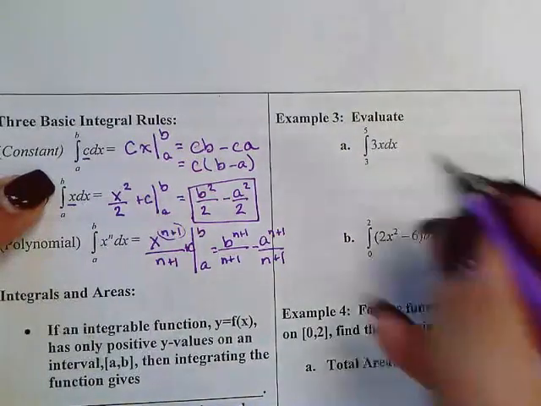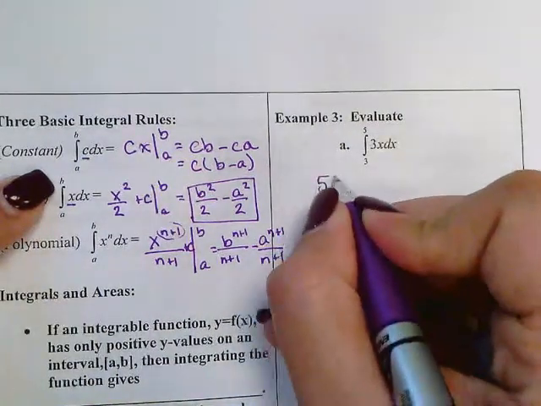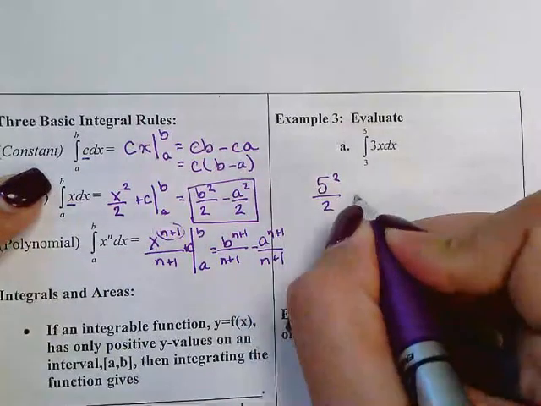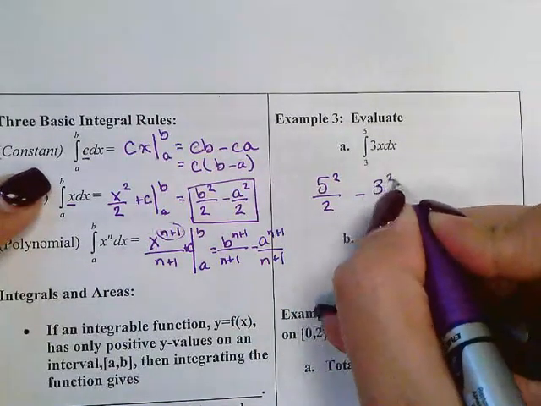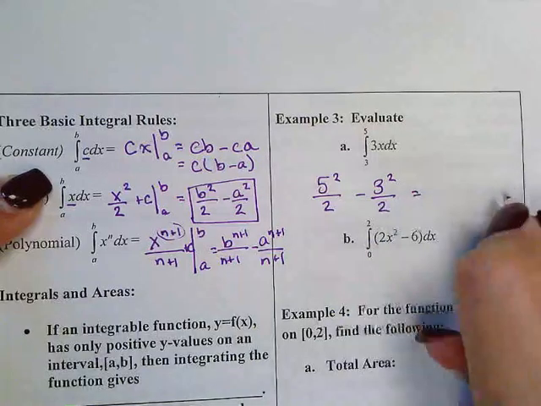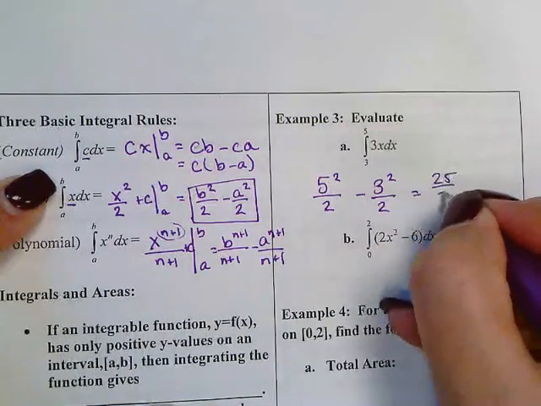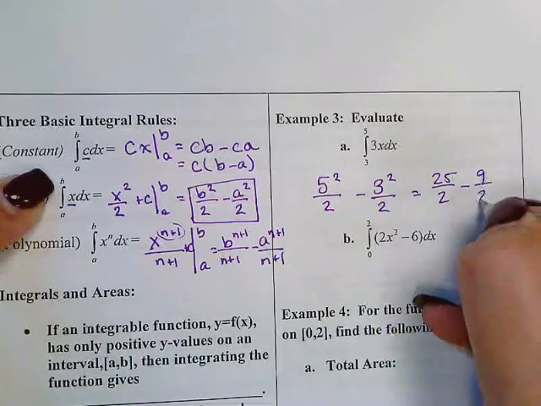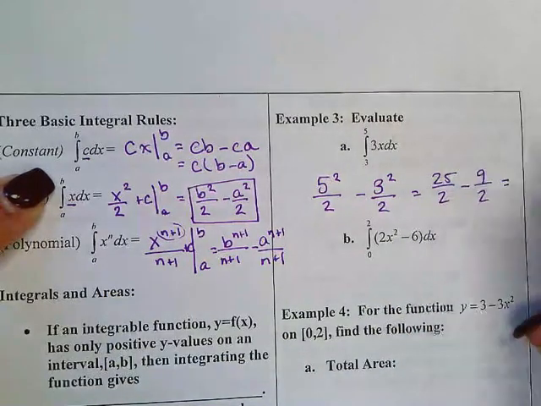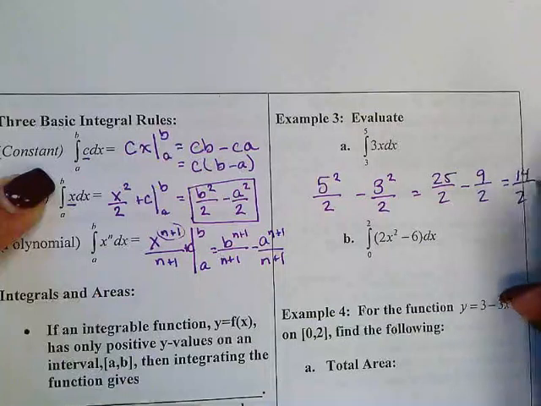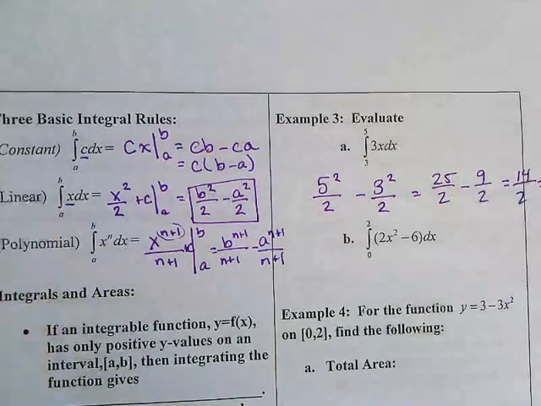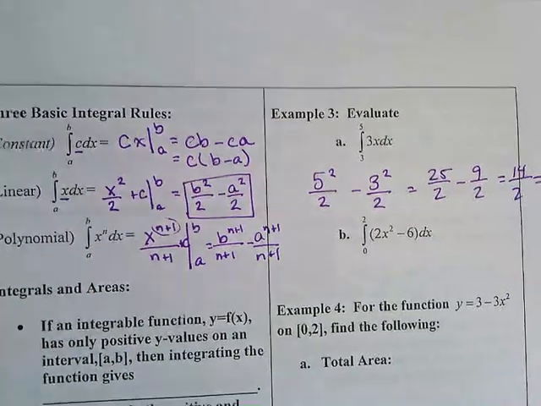So you take your b, you square it, divided by 2 minus your a, square it, divided by 2, and that is going to be your answer. So that's 25 over 2 minus 9 over 2, which gives us 14 over 2, and that's going to be 7. So this is an easy integral rule.